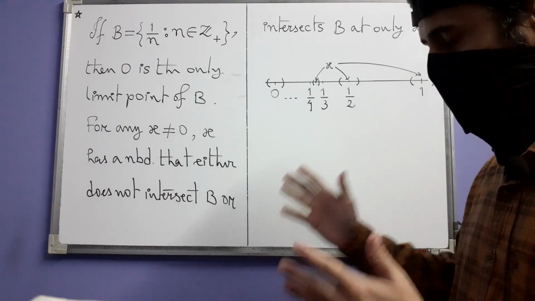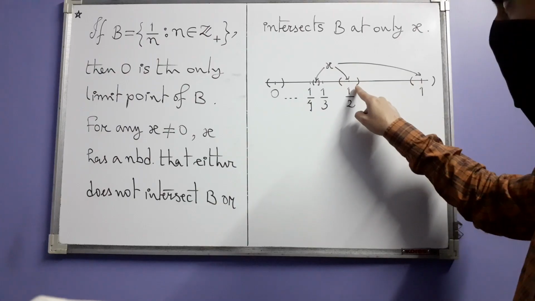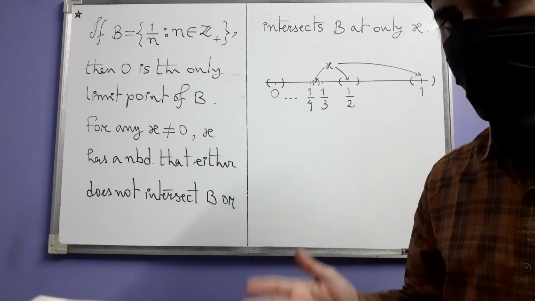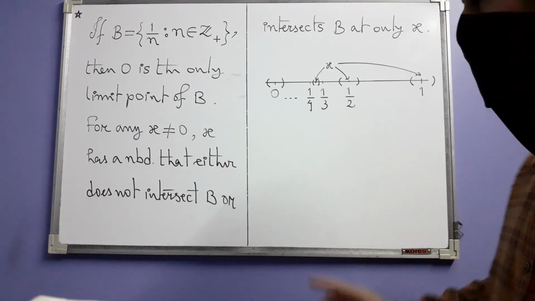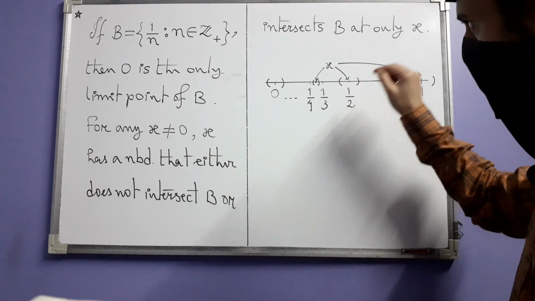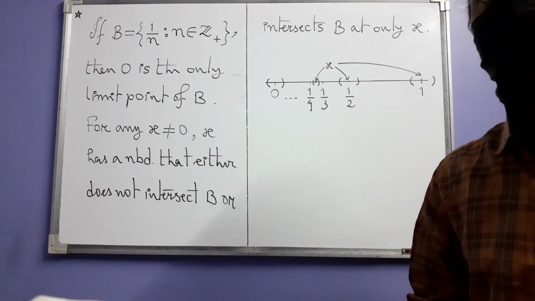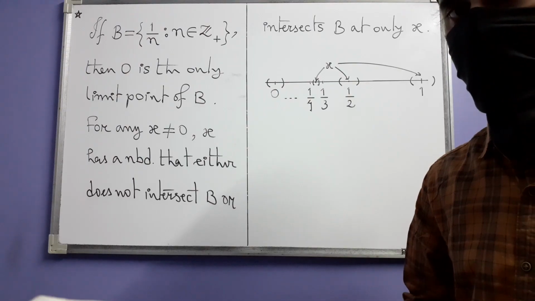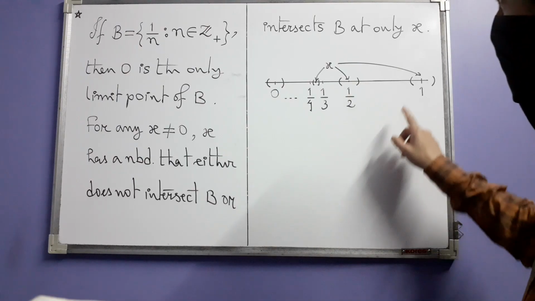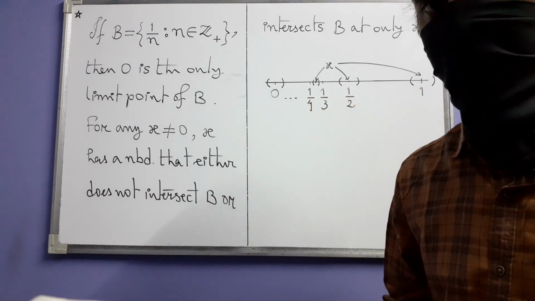And you can understand that in this figure. Say your x is this point 1/2, which actually is an element in B itself. You can consider this neighborhood. This neighborhood intersects B at only this point 1/2. So that's why by definition 1/2 is not a limit point. Similarly for 1, similarly for any other point of B.